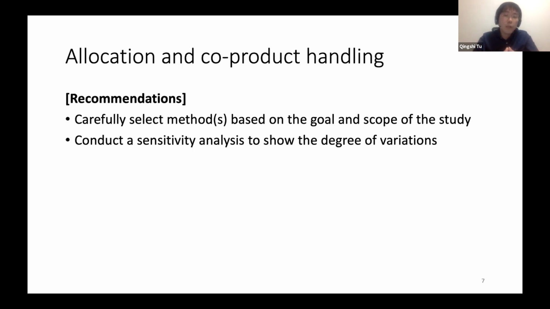So it really depends on your goal and scope, and oftentimes you need to conduct sensitivity analysis to show the degree of variation of results from the different choices. So that's the allocation and co-product handling.